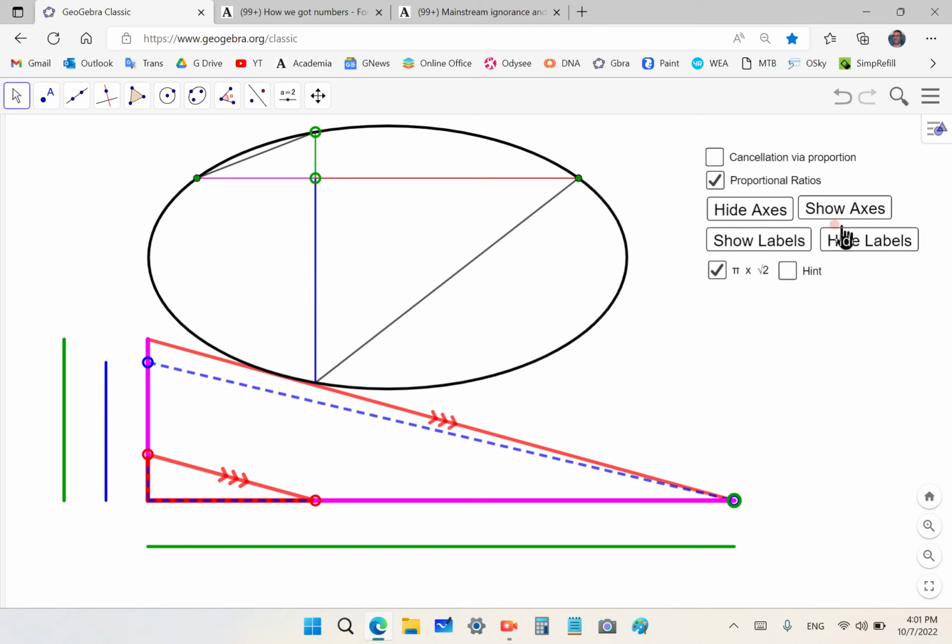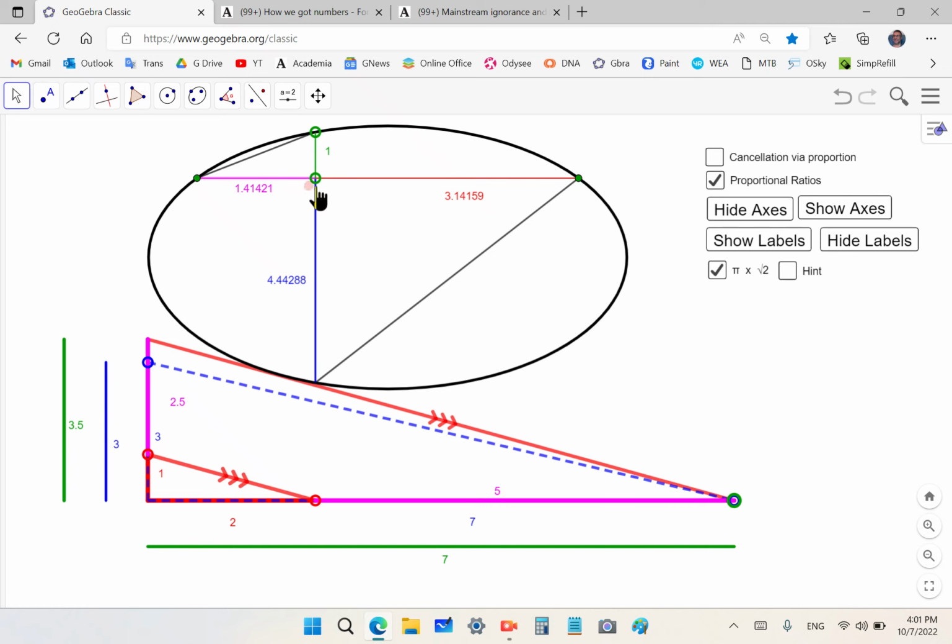And this is what I'm going to ask you today after I explain something to you. Over here we have these two line segments. This one here is pi, the constant pi. This is the constant square root 2, and this is their product. As you can see, we can find the quotient of this blue line by the magenta line.